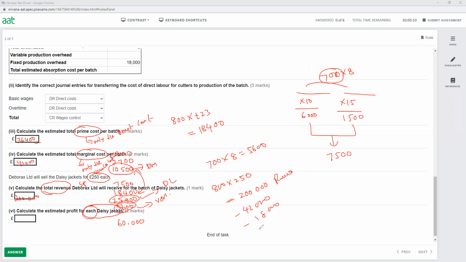So 200,000 minus 42,000 minus 18,000 gives me 140,000, the total profit. And we have a total of 800 jackets. If we divide by 800, that gives me 175 profit per jacket. So the estimated profit per jacket is 175.